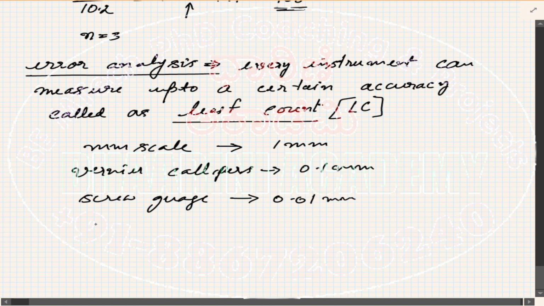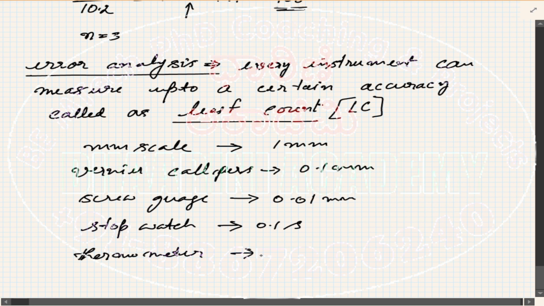So other examples could be a stopwatch, which gives an accuracy of 0.1 seconds, and maybe a thermometer, which can give 1 degree Celsius and so on.